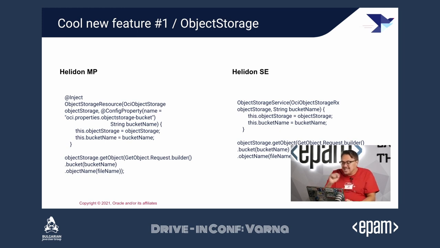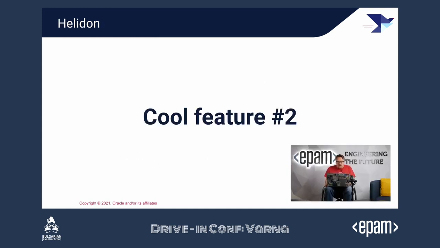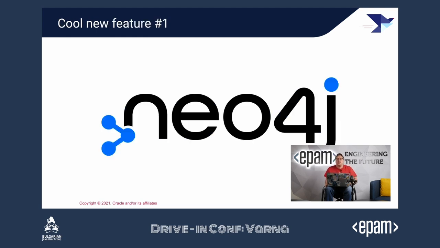You can do it both in a synchronous and asynchronous way in MP and SE, and this is cool. Not to show you all the options, there's a wonderful article by the man who wrote it, our architect Thomas Lange. Just check this link and you will see a complete description of it.